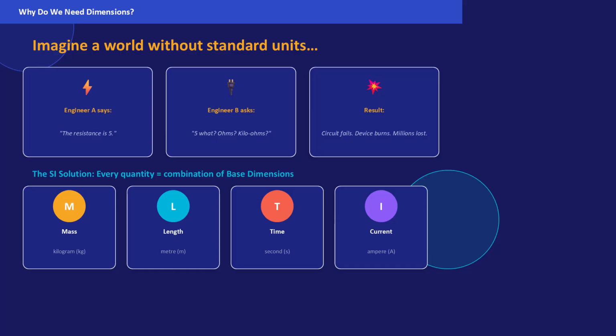For mechanical quantities, the physics of objects in motion, just three dimensions are enough: mass, written as M, length, written as L, and time, written as T. For electrical engineering, we add one more: electric current, represented by the letter I. Everything else, force, energy, power, resistance, capacitance, inductance, is built from combinations of these four base dimensions. This is the genius of the SI system.